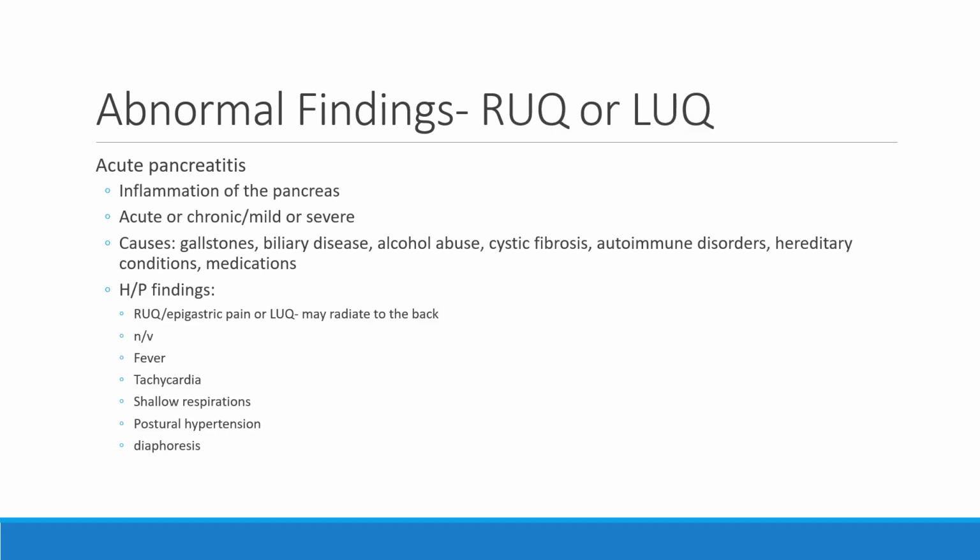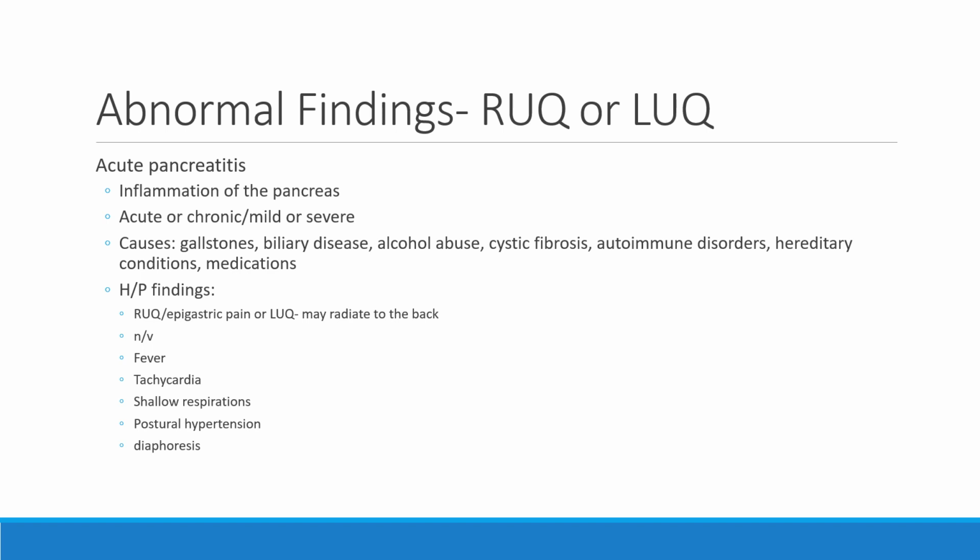Acute pancreatitis is seen with inflammation of the pancreas, and this is where digestive enzymes start digesting the pancreas itself. This can be acute or chronic, mild or severe. Causes are gallstones, biliary disease, alcohol abuse, cystic fibrosis, autoimmune disorders, hereditary conditions and medications. Key history and physical findings.